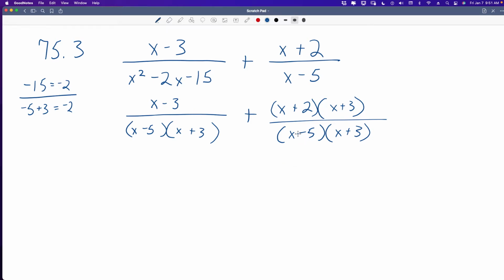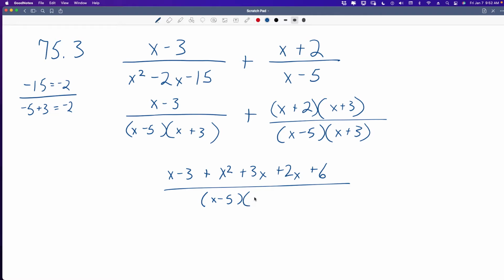So we're just going to say x minus 3 plus, this is going to be x squared plus 3x plus 2x plus 6. And then we can just put that over our original x squared. Actually, no, we're not. You know what we're going to do? We're just going to leave this because I think I know what's going to happen.